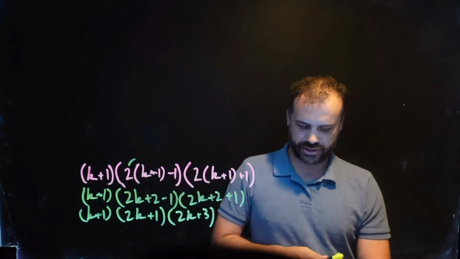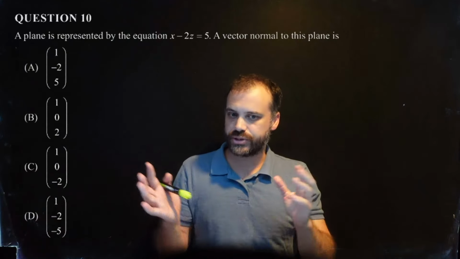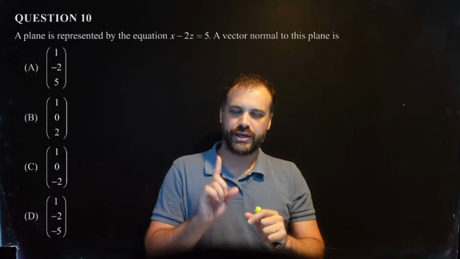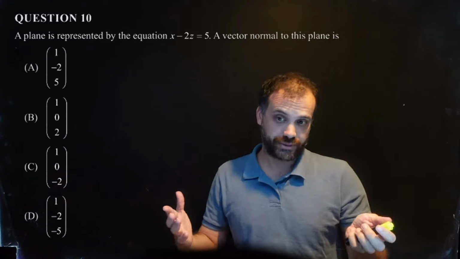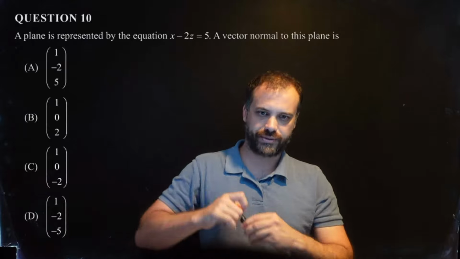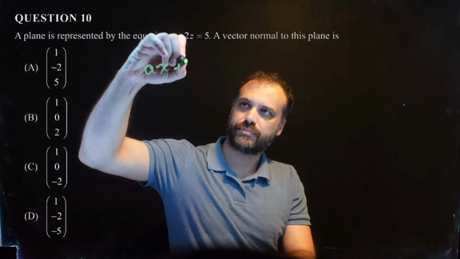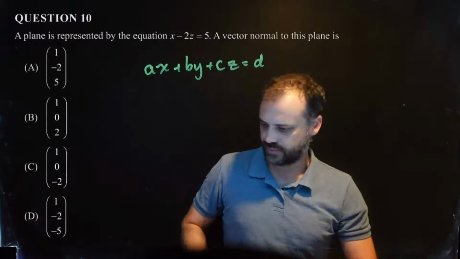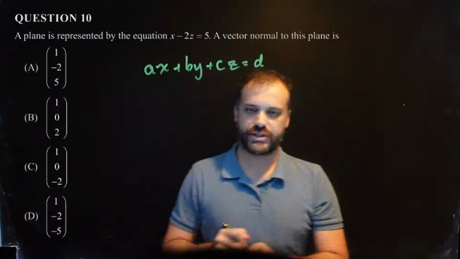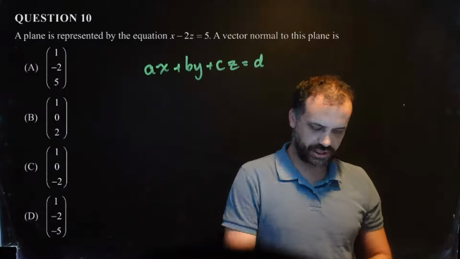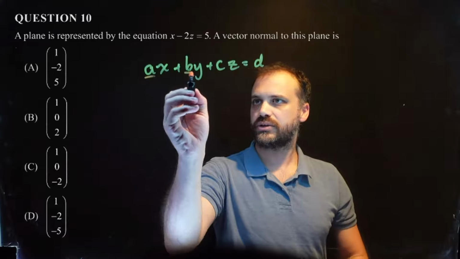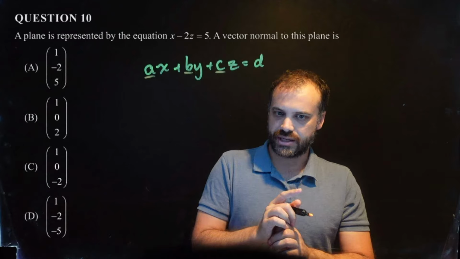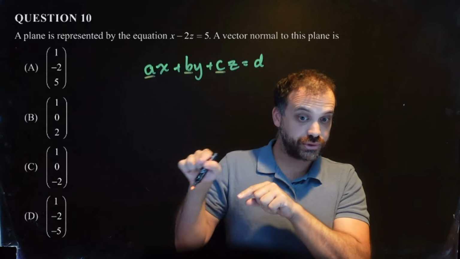Okay, next question. Another question that is kind of free marks, and I'm going to smash this one out really, really quickly just by telling you the following. When you have an equation of a plane, ax plus by plus cz equals d, these letters here, A, B, and C, represent the normal to the plane.